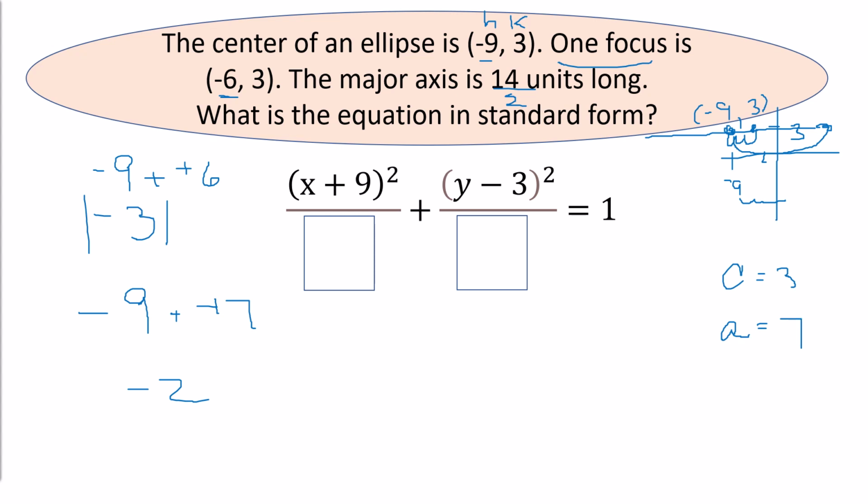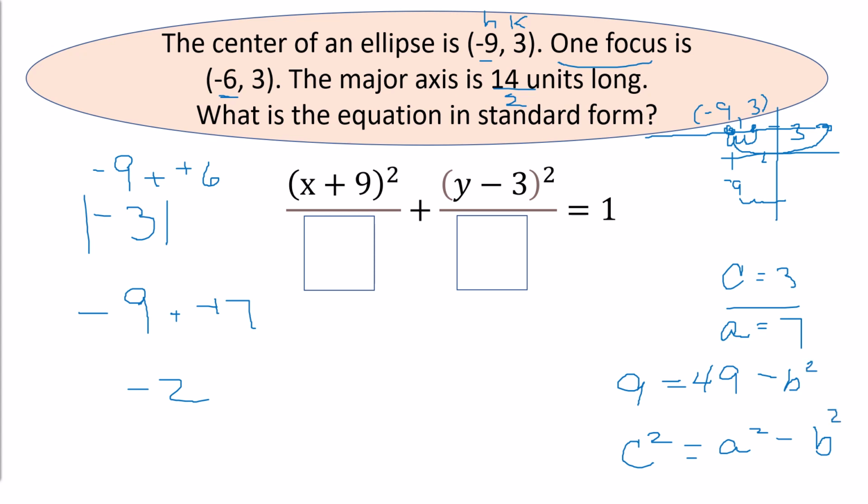The only thing that we need to find, we have A and B, A and C, we need to find B. So remember, C squared equals A squared minus B squared. Let's plug in what we know. We know C is 3. 3 squared is 9. We know A, 7 times 7 is 49, minus B squared. Forgot to put the squared on the bottom.